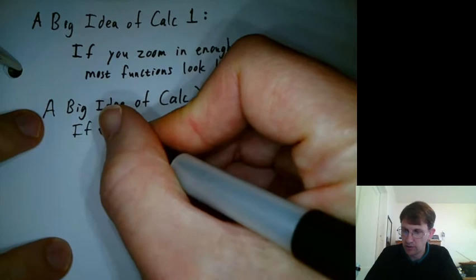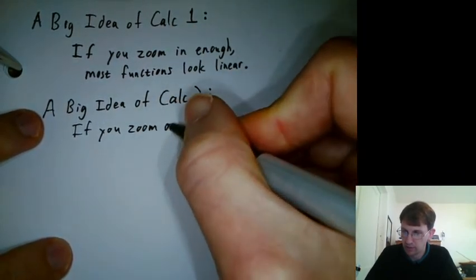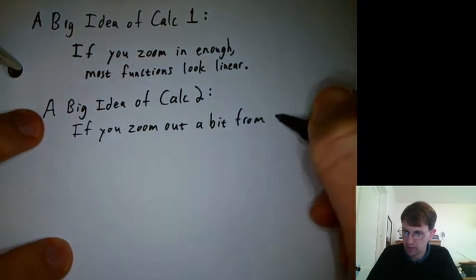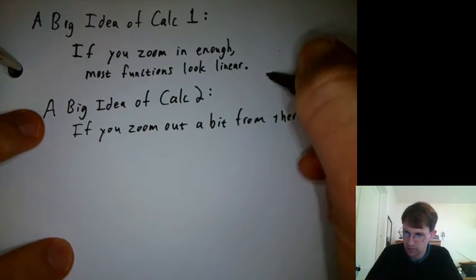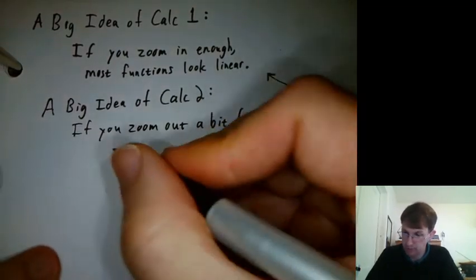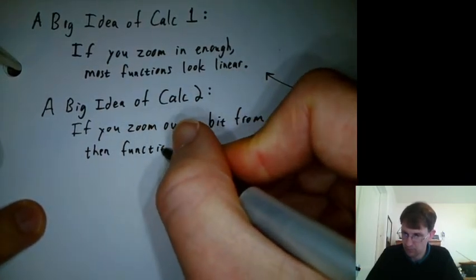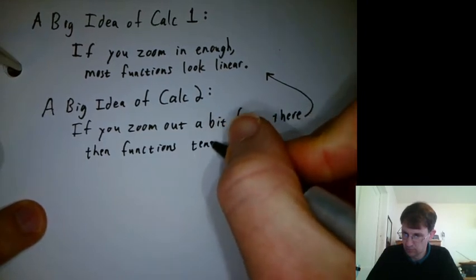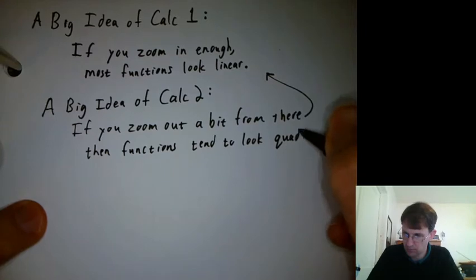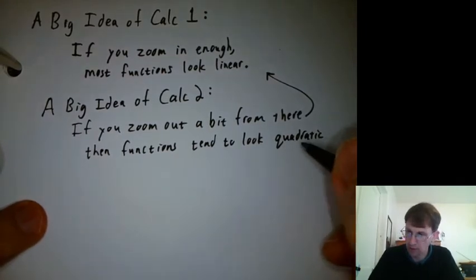So we could say if you zoom out a bit from there, then functions tend to look quadratic, right? Or parabolic, maybe is a better word.